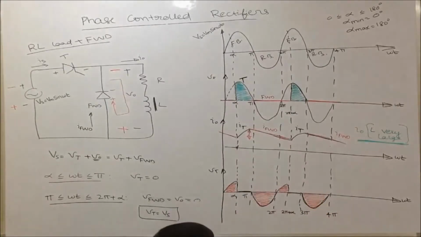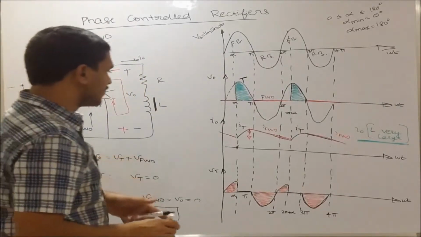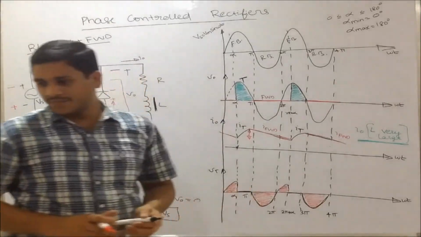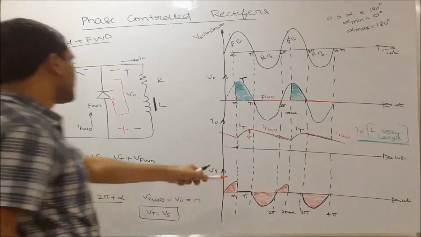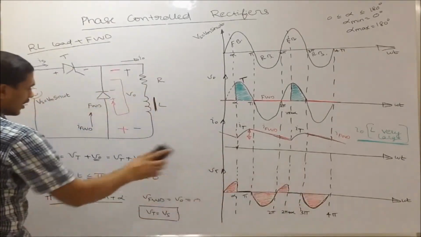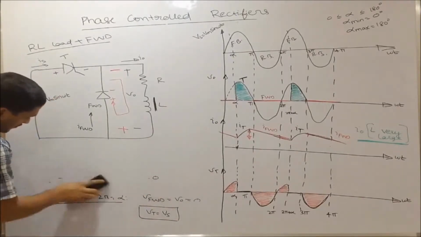So this is the waveform of Vt. Now we will calculate the commutation time. How do you get the commutation time? Commutation time we get from the Vt waveform. So we have the Vt waveform, and from this we get the commutation time.